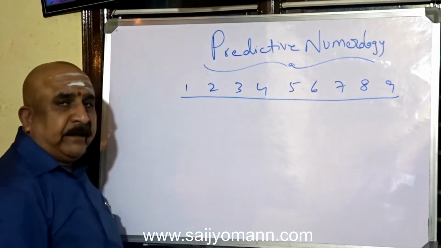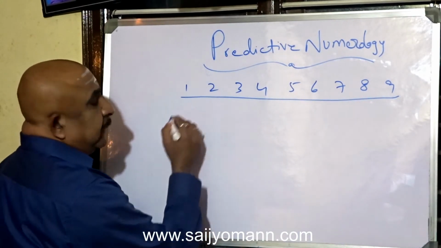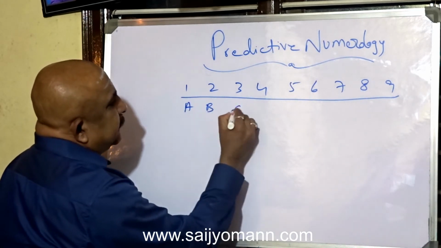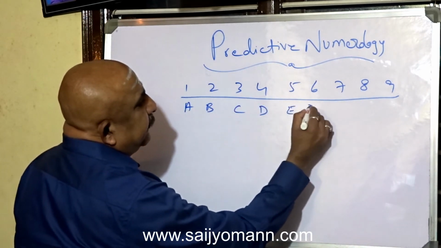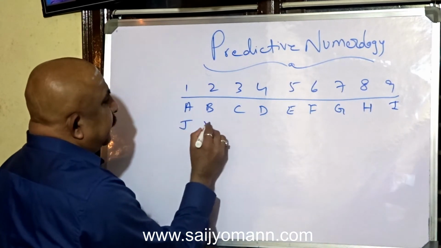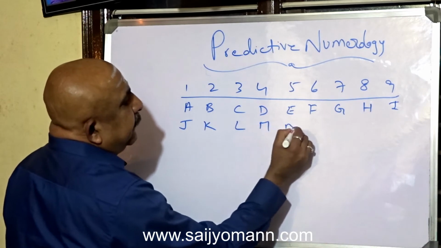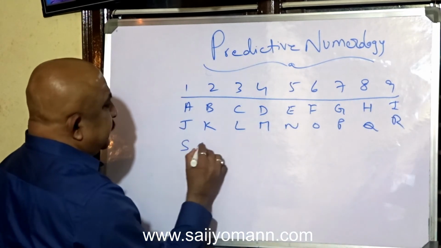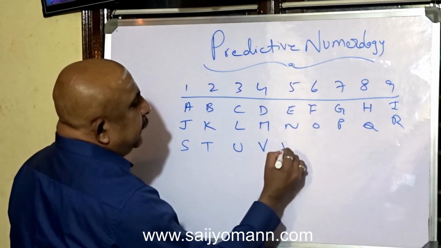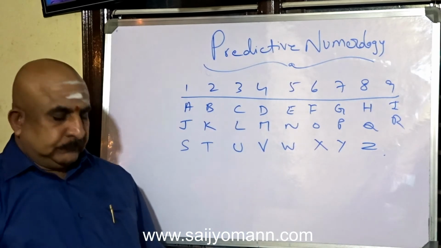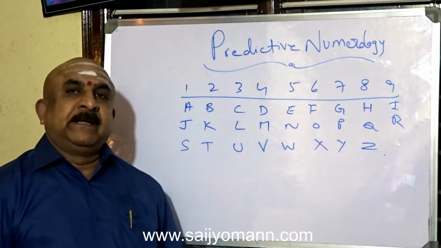From A, which is the first letter, from 1 we will start. A, B, C, D, E, F, G, H, I, J, K, L, M, N, O, P, Q, R, S, T, U, V, W, X, Y, Z. You got it?